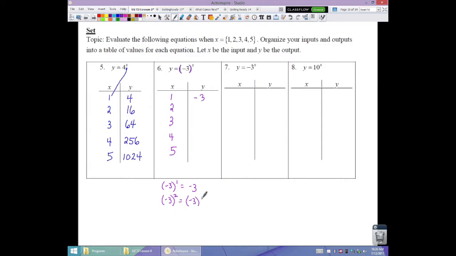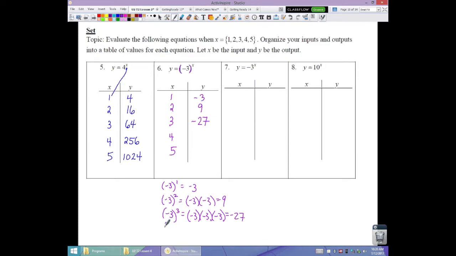So it's -3 times -3, which is 9, positive 9. The two negatives became positive. -3 to the third, again, the entire -3 is multiplied by itself 3 times. So -3 times -3 is 9, times another -3 is -27.